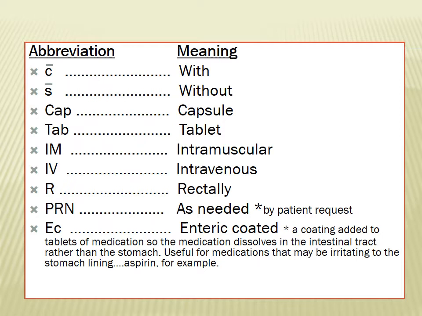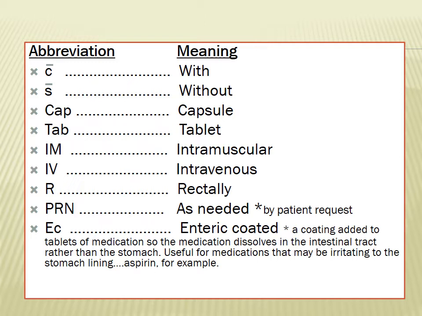EC is an abbreviation that refers to enteric coating. Enteric coating is a coating added to tablets of medication so the medication dissolves in the intestinal tract rather than the stomach. The reason why we would do this is it's very useful for medications that might be irritating to the stomach lining. For example, aspirin is very irritating to the stomach lining.